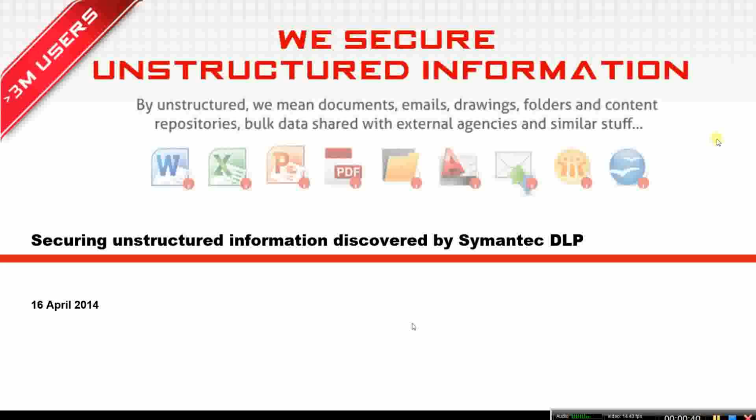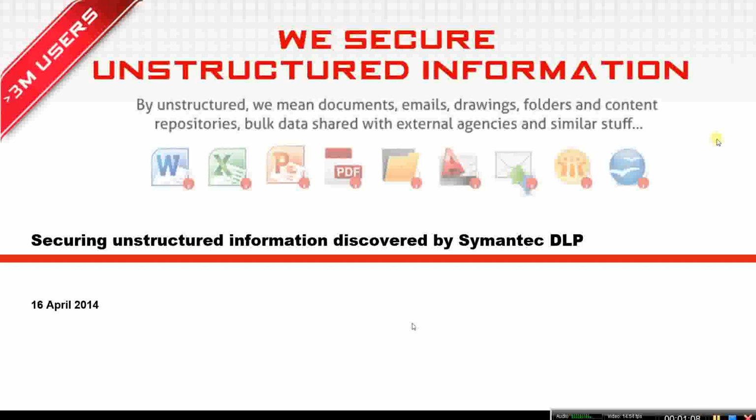Today this is a very short webinar. We're going to keep it under 25 minutes or so. In this session, we're going to cover the topic of how do we secure unstructured information, documents, emails, designs, and drawings, which have been discovered by Symantec DLP, specifically within the context of when this information needs to go outside of the enterprise.